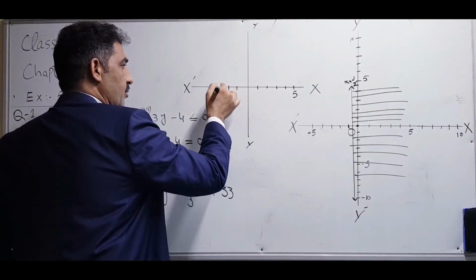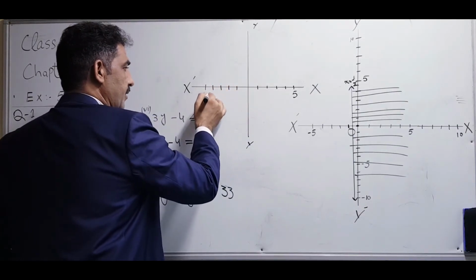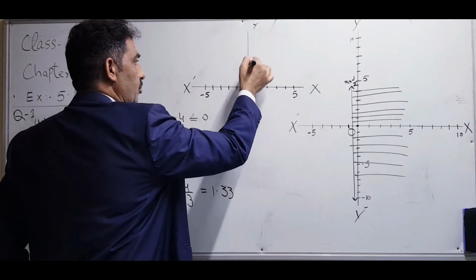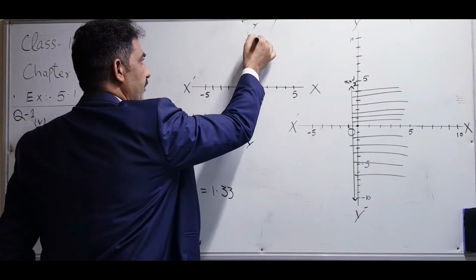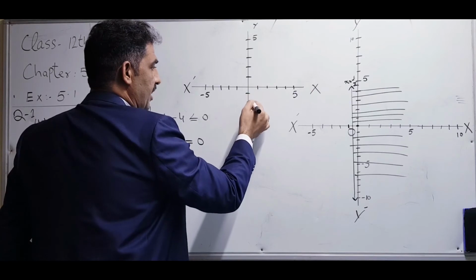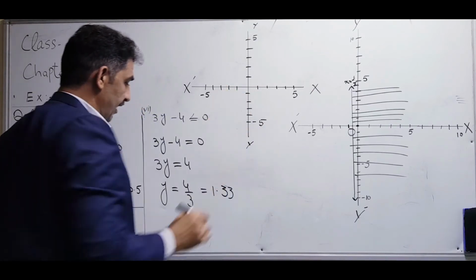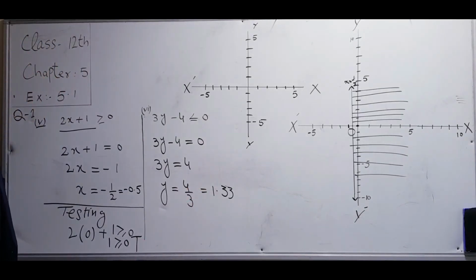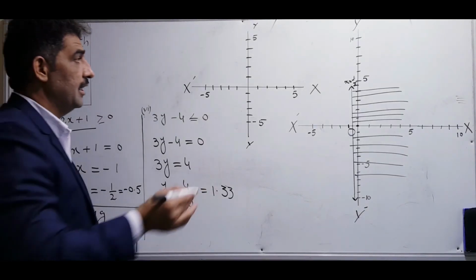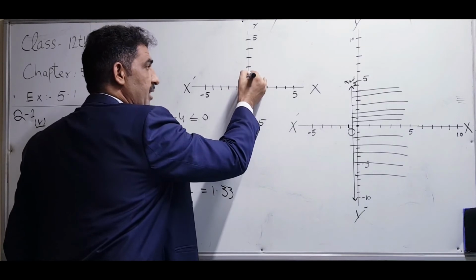Minus 1, minus 2, minus 3, minus 4, minus 5. 1, 2, 3, 4, 5. Minus 1, minus 2, minus 3, minus 4, and minus 5. What is the value of this one? 1.33. It means between 1 and 2, it's 1.33 around this point.